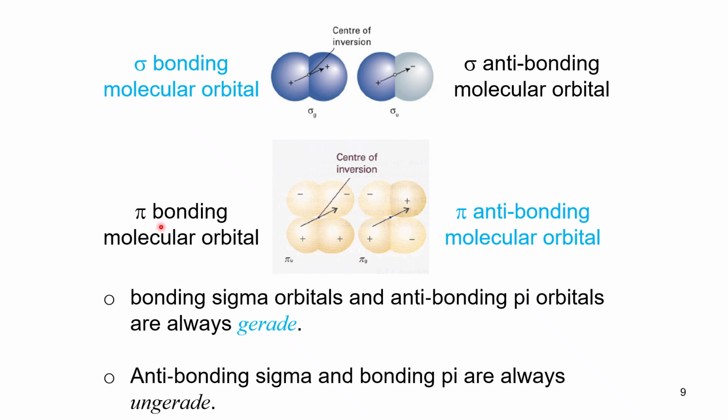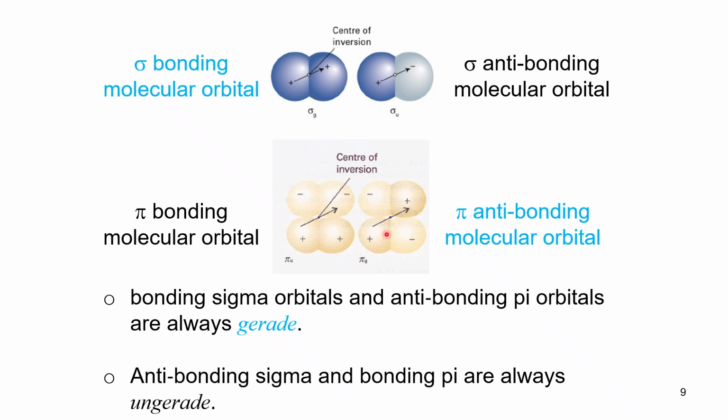For the pi bonding molecular orbital, after the inversion, we will observe that the wave function changes. So we call the pi bonding ungerade parity. For the pi antibonding, this molecular orbital keeps the same wave function after the inversion.